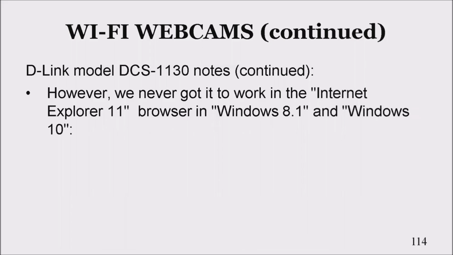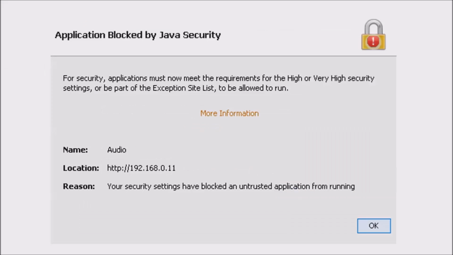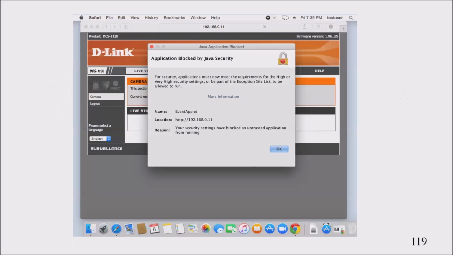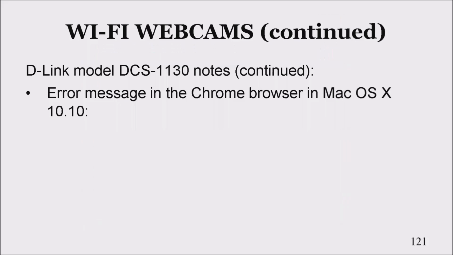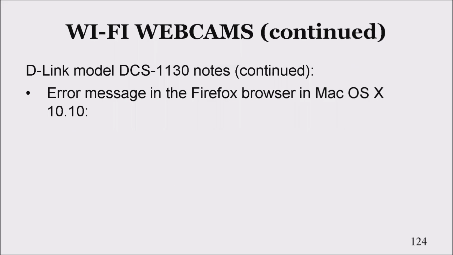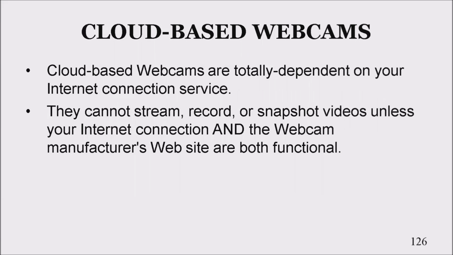We never got it going in the Windows Internet Explorer 11 browser. And on the Mac, we got this nasty error message, and we never could get it going. So we were going to keep jumping past all this squawking and move into the next type of cloud-based webcams.